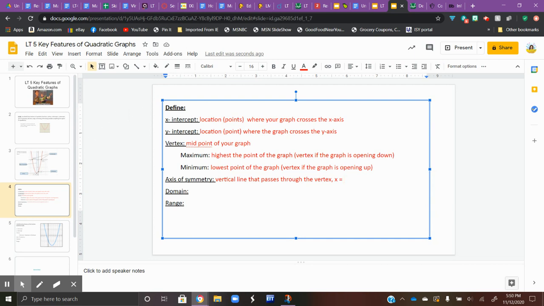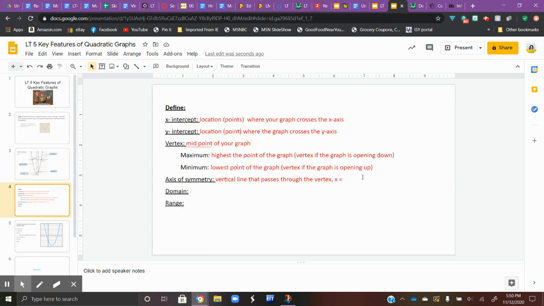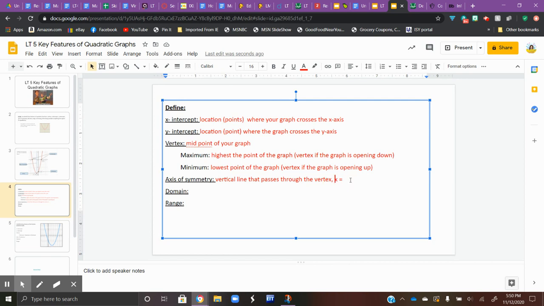When I write the equation of a vertical line, it's always going to be where it's crossing through the x-axis, so we write it as x equals. In this case, it would be x equals -1. Not coincidentally, it's always also going to be the x-coordinate of your vertex. So we'll put written as x equals.